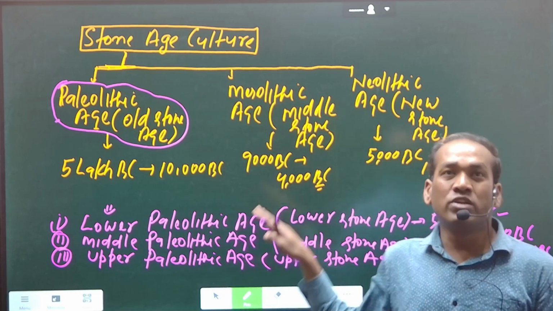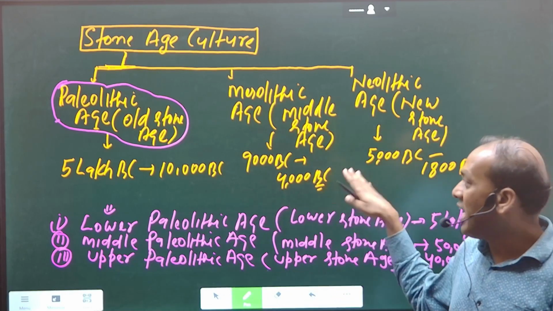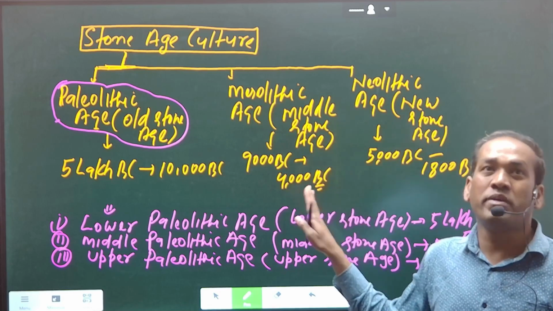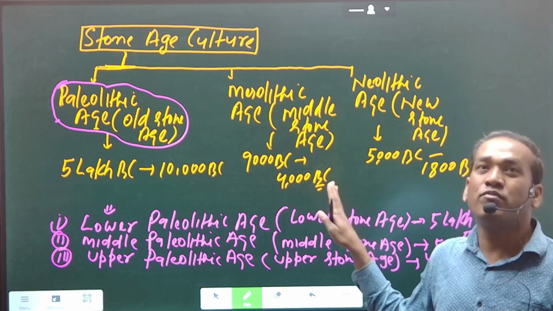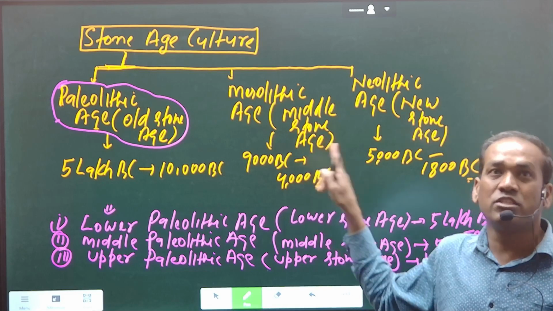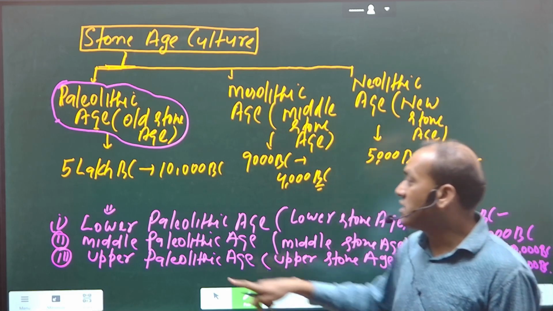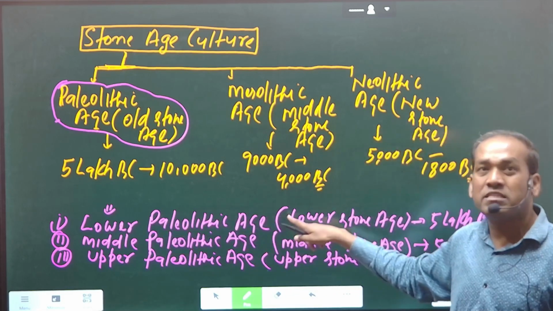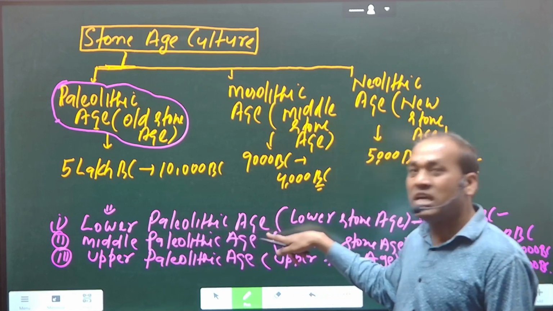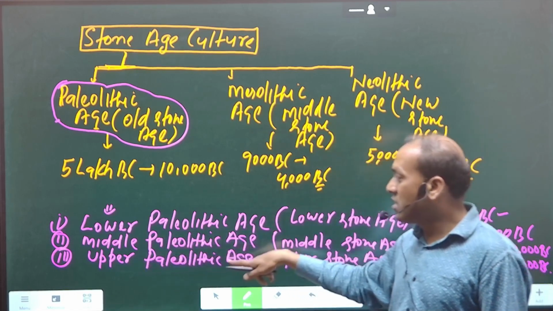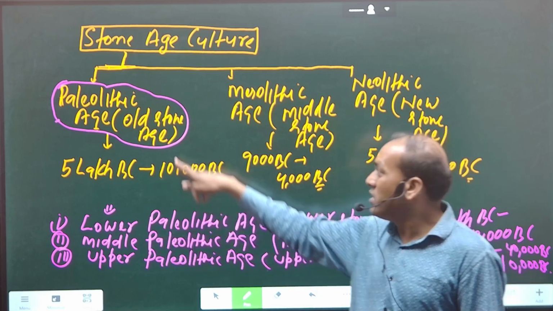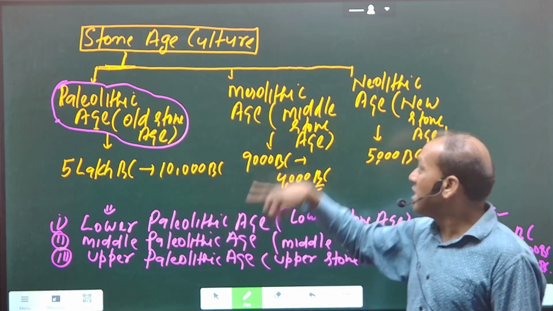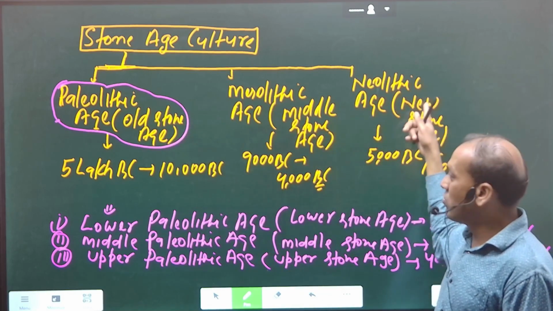Okay, so here we have 5 topics to cover with this Stone Age culture. First topic is lower Paleolithic age, then middle Paleolithic age, then upper Paleolithic age. After completing these 3, you complete your Paleolithic age, then Mesolithic age, then Neolithic age.